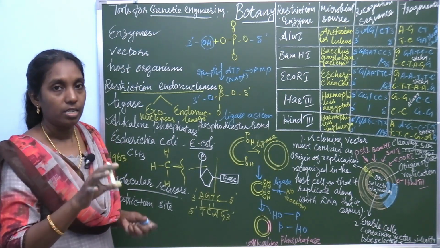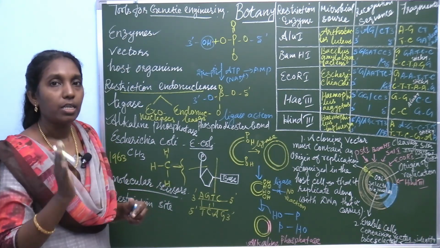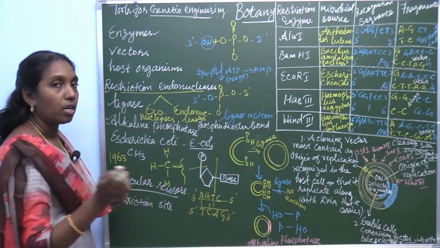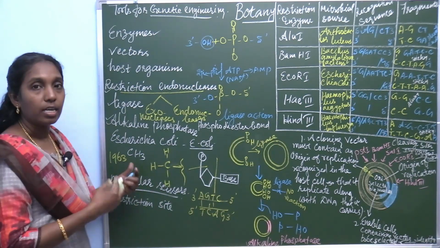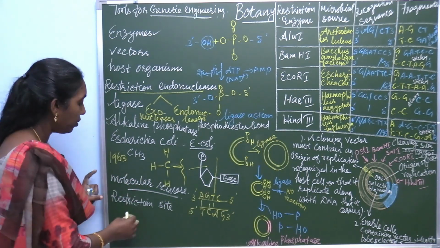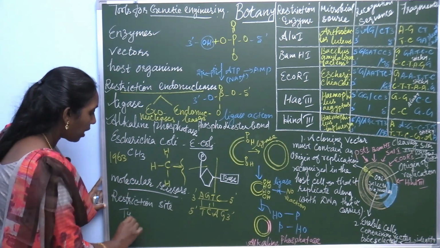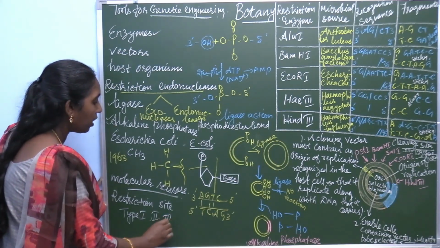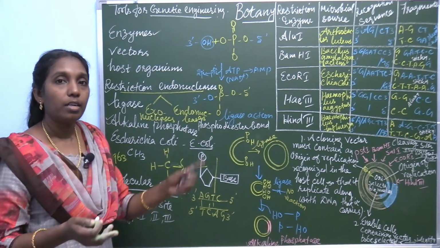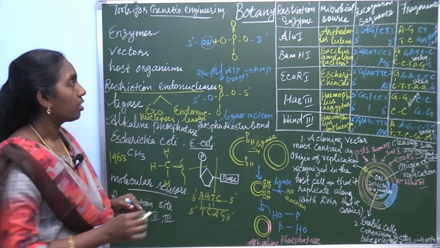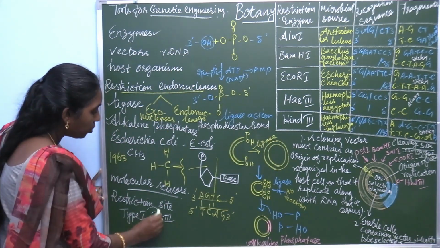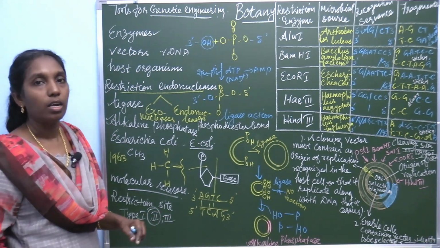In the recognition site, it cuts a particular, specific area. Restriction enzymes are classified into 3 different types: type 1, 2 and 3. Here in recombinant DNA technology, that is rDNA technology, type 2 restriction enzymes are involved.